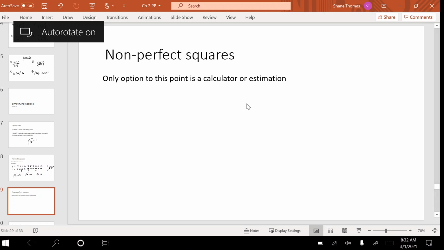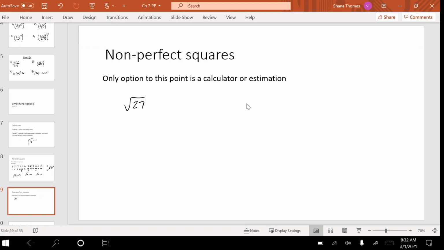What's the square root of 27? 5.196152423. Okay, it goes on forever, doesn't it?